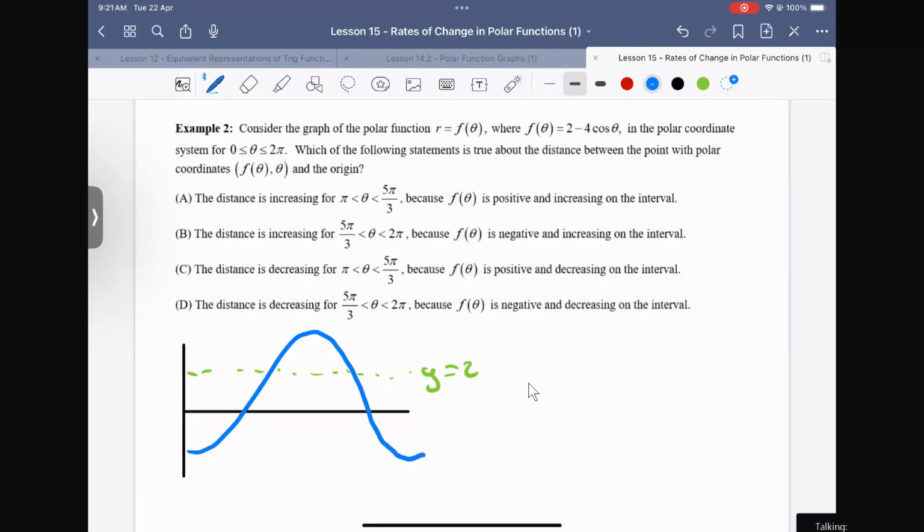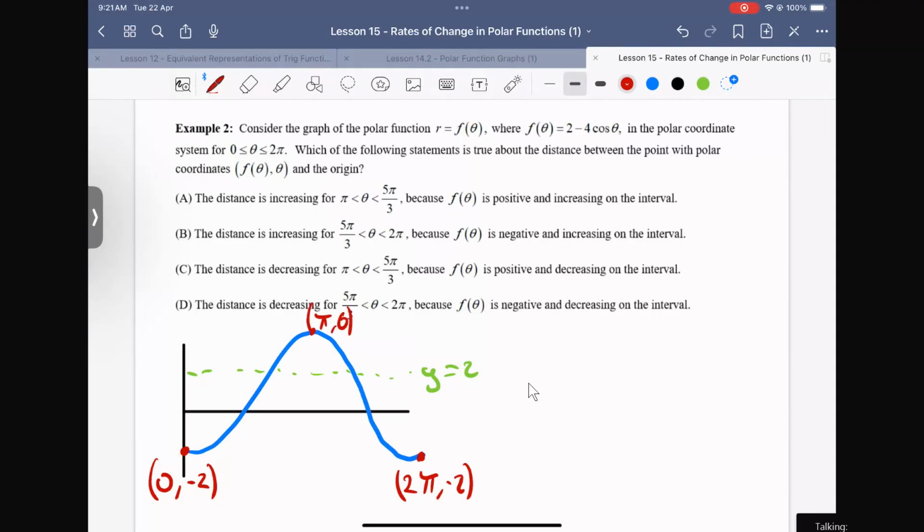The minimum point on the graph here is going to be at (0, -2). This point here is also going to be at (2 pi, -2). And this point here is going to be at 2 + 4, so 6, and that is going to be at (pi, 6).